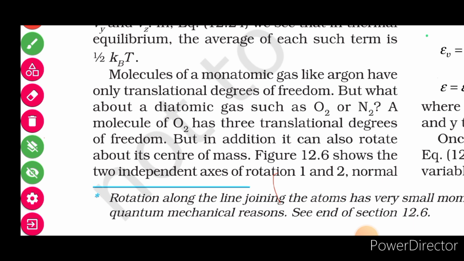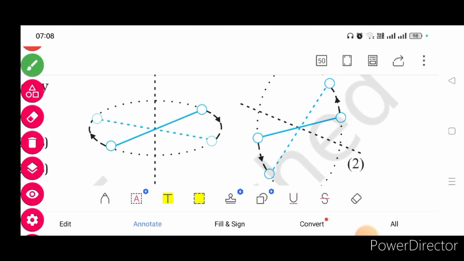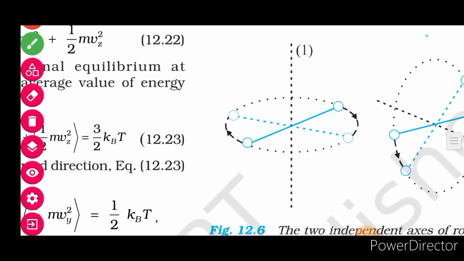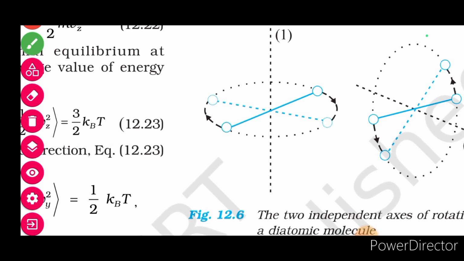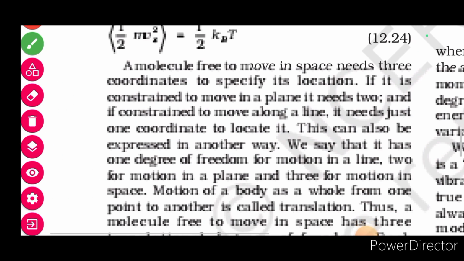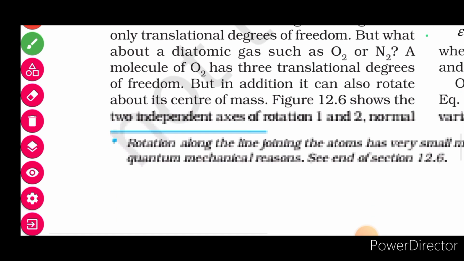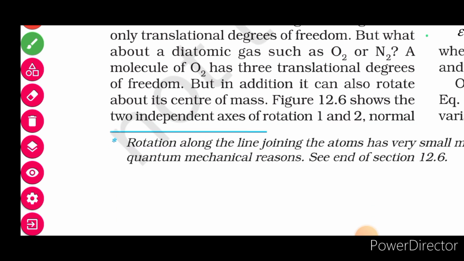In diatomic molecules, they can do 3 translations in the 3 directions, but they can also rotate. If it is along the x axis, it can rotate about the y axis and z axis. So there are 2 contributions from the rotational side also. In total, 5 motions are there: 3 translational and 2 rotational.